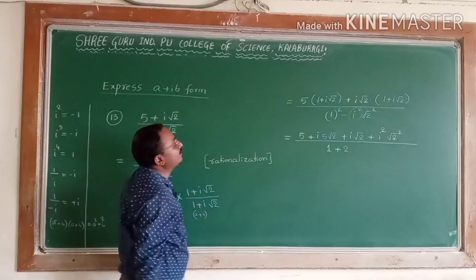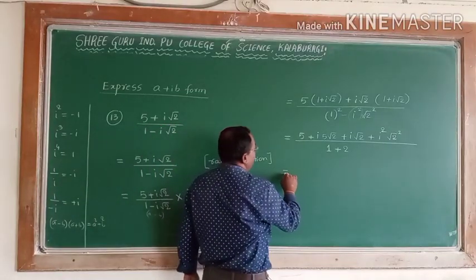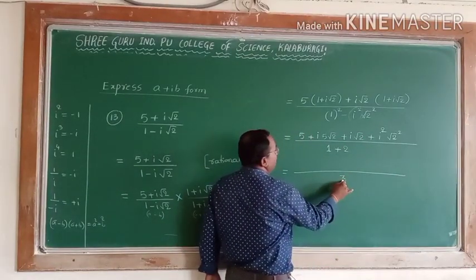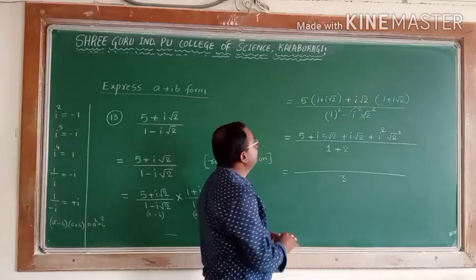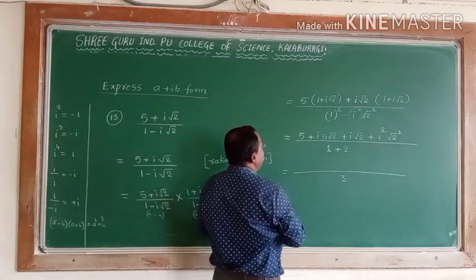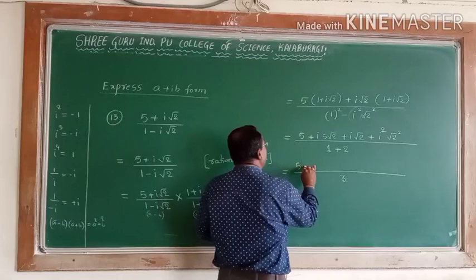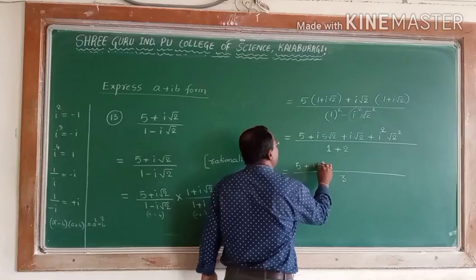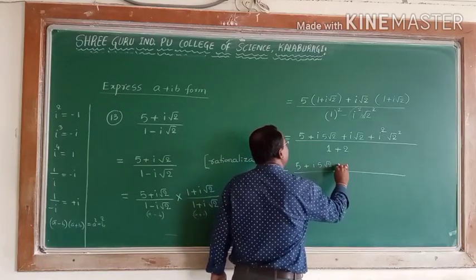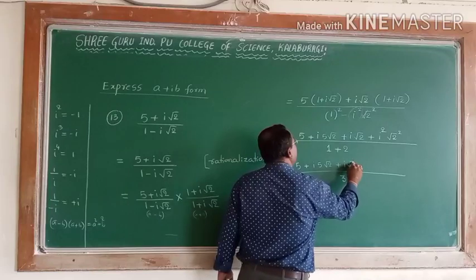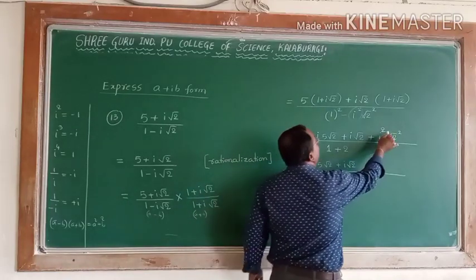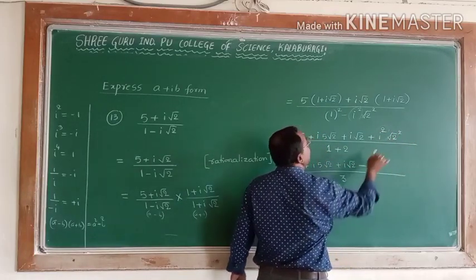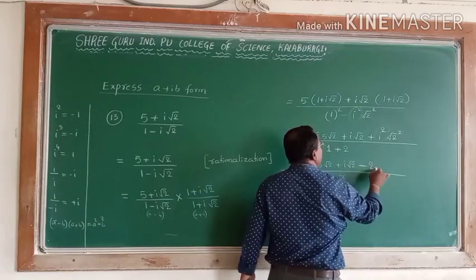Root 2 squared is 2, and the denominator is 1 plus 2, which is 3. Then 5 as it is, plus i times 5 root 2 plus i root 2, and i squared value is minus 1, with square and root cancelled, giving 2.